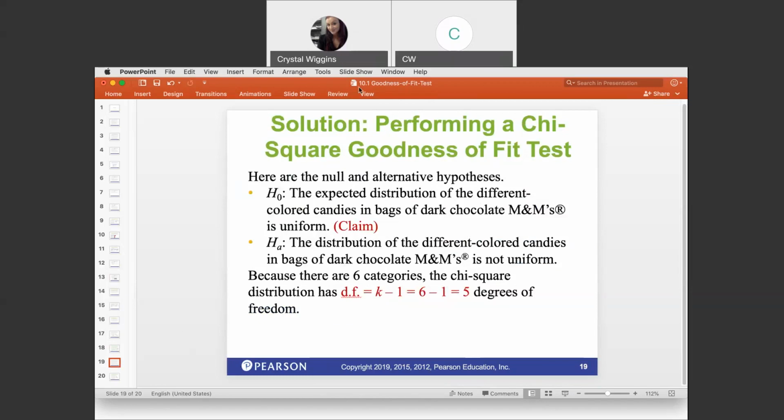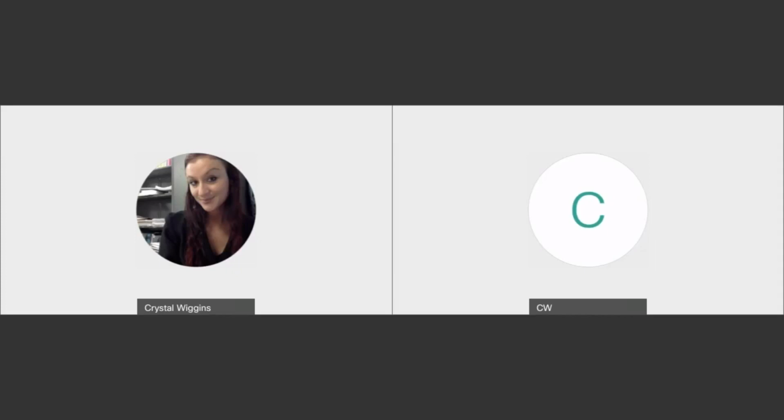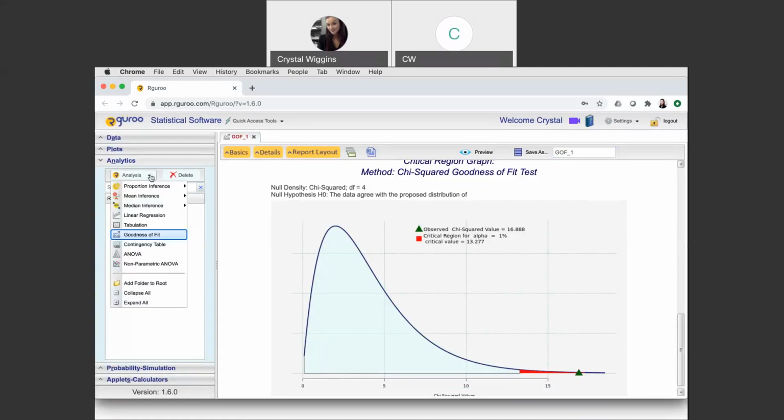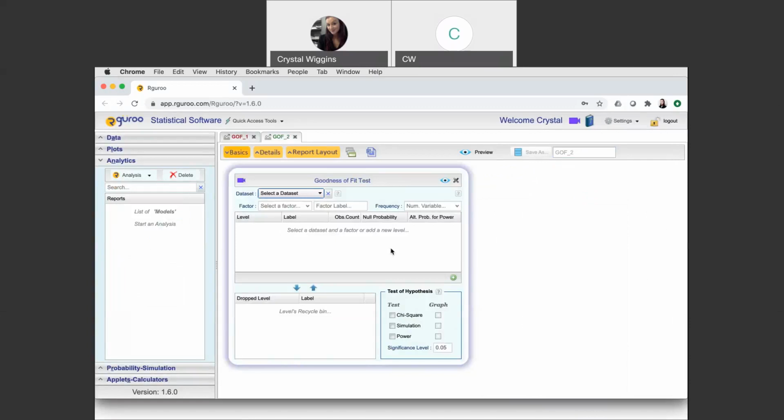So heading back to our Rguroo to wrap this up, let's open a new goodness of fit test. We have 6 levels this time, or 6 categories. There were 6 colors in the data set. And let's enter what we know. So we have the first one is brown.